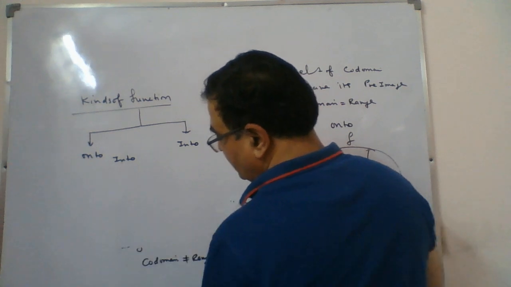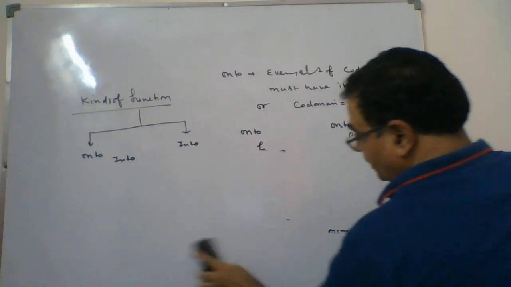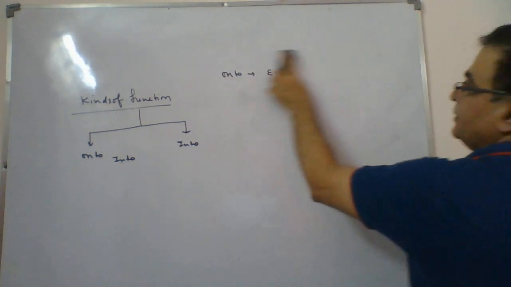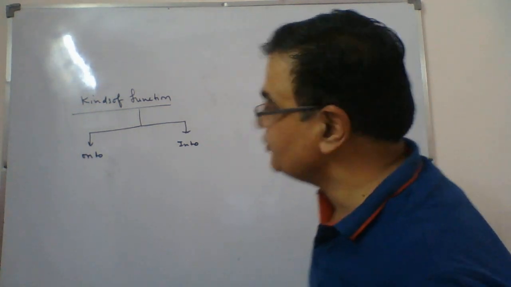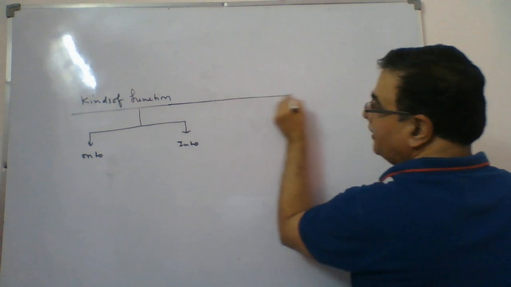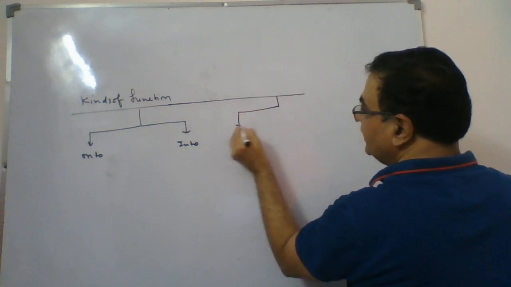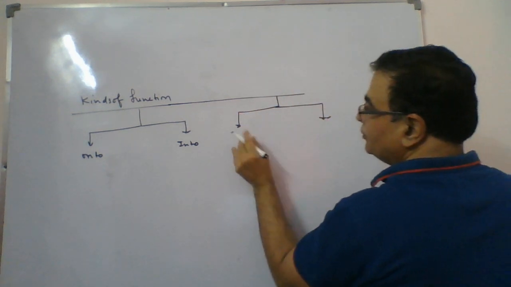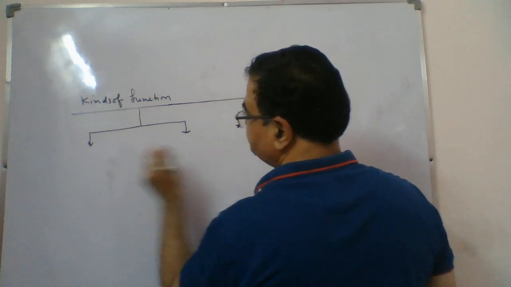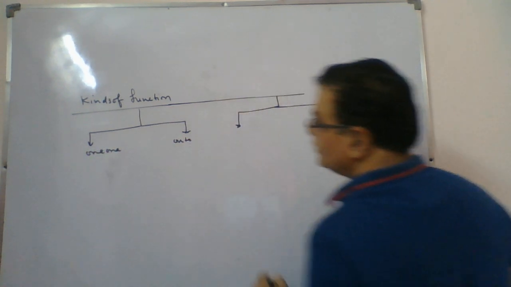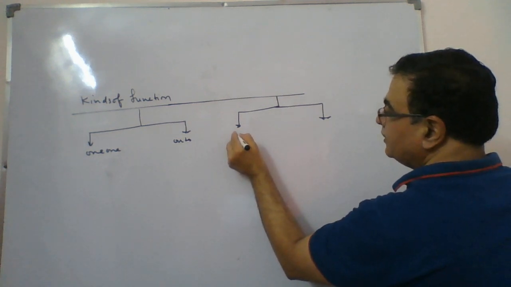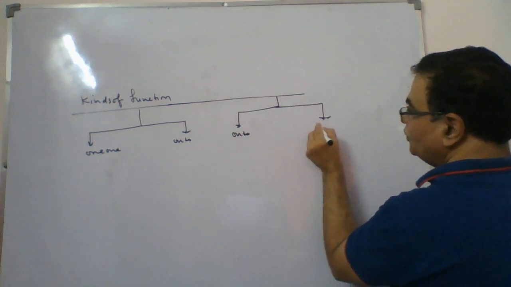Now one more thing we should know, that whenever they ask the question, they will ask what kind of function it is. So whenever you think about kind of function, two parts will be there now. This is 1, 1 and many one, and here it will be onto or into.